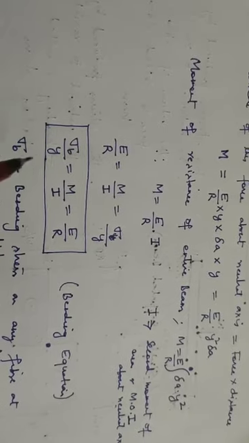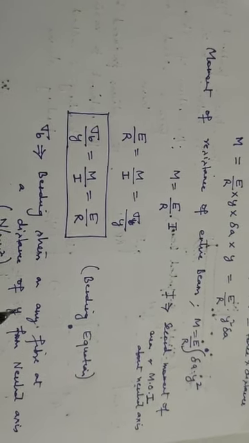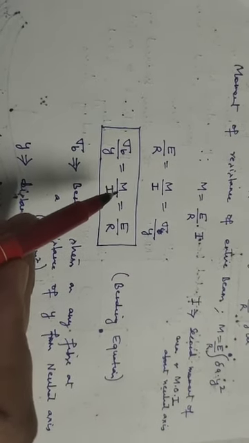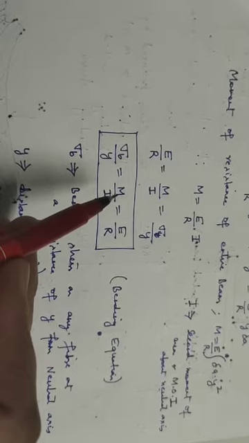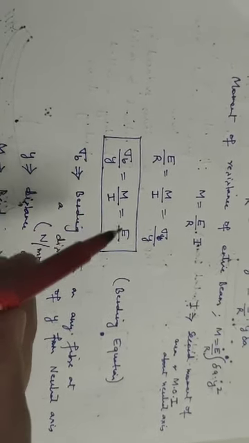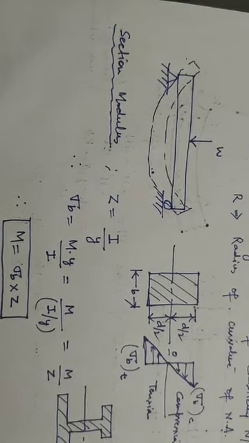In this equation, sigma b is the bending stress on any fiber at any distance y from the neutral axis. M is the moment of resistance. I is the cross-sectional moment of inertia of that beam. E is the Young's modulus of elasticity, and R is the radius of curvature about the neutral axis.